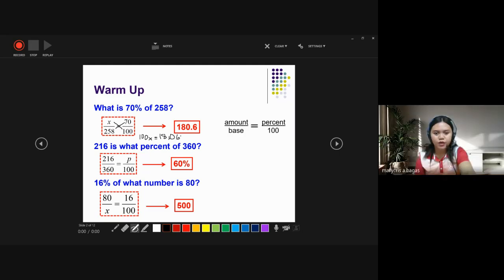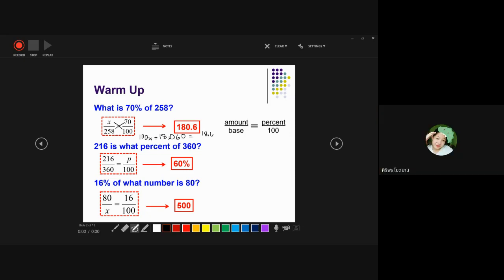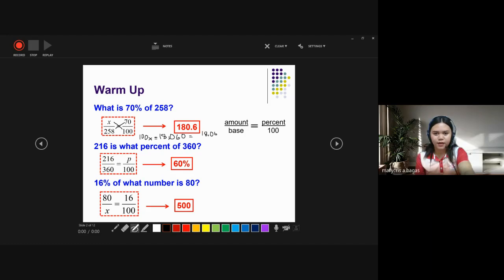After that, you are going to divide 18,060 by 100. 18,060 divided by 100 is 180.6.